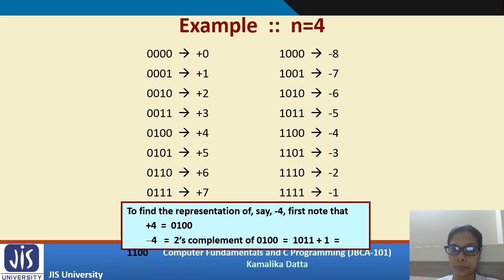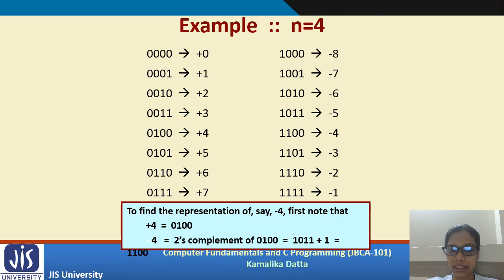And if we convert that to 1's complement, it becomes 0, 1, 1, 1, right? And then we add 1 to it. What will happen? 1 and 1 is 0, carry 1, and so on. So it comes to 1, 0, 0, 0, which is minus 8.